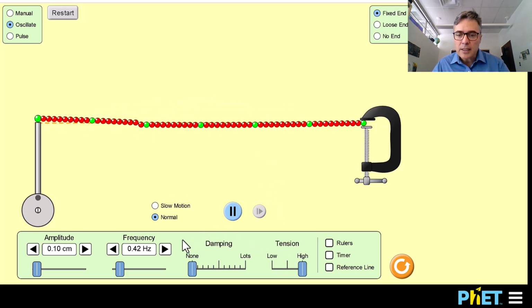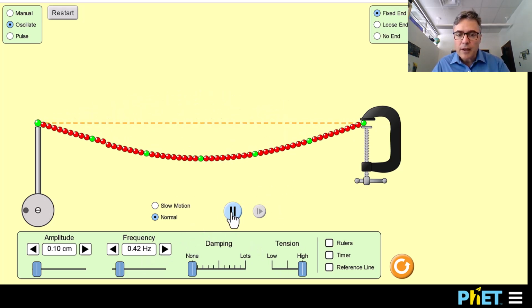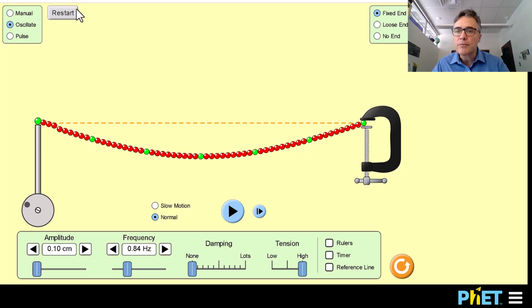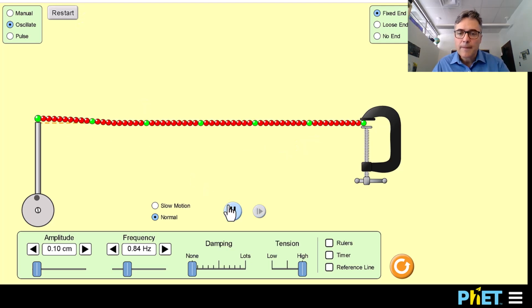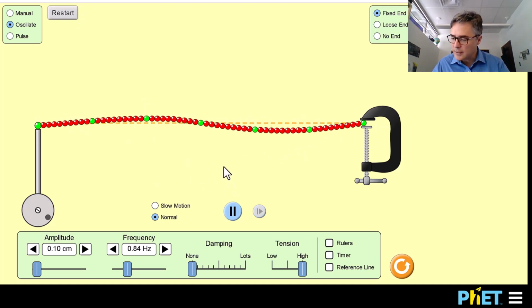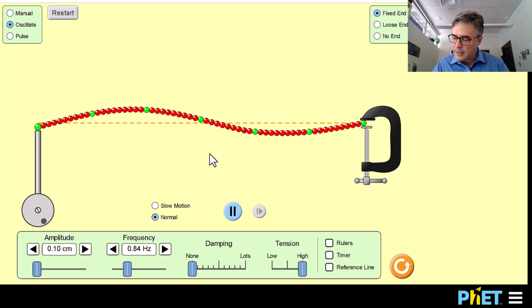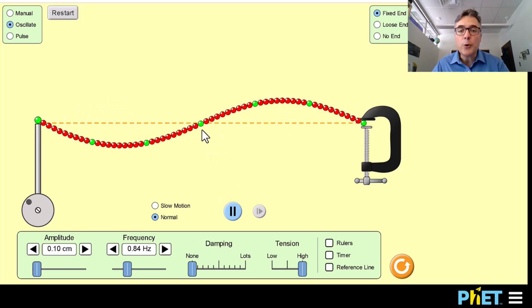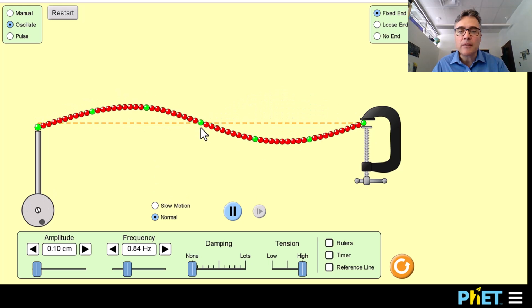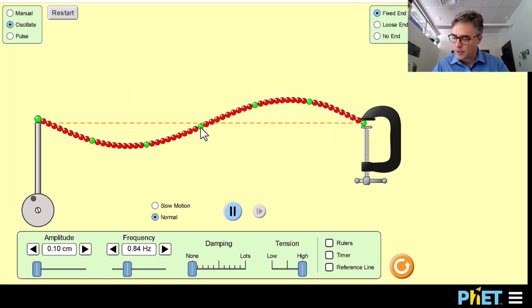If you choose 0.84 hertz, that's going to be a different standing wave mode. Press restart, and you should see this situation where you get nodes. A node is this bead in the middle that isn't shaking very much.